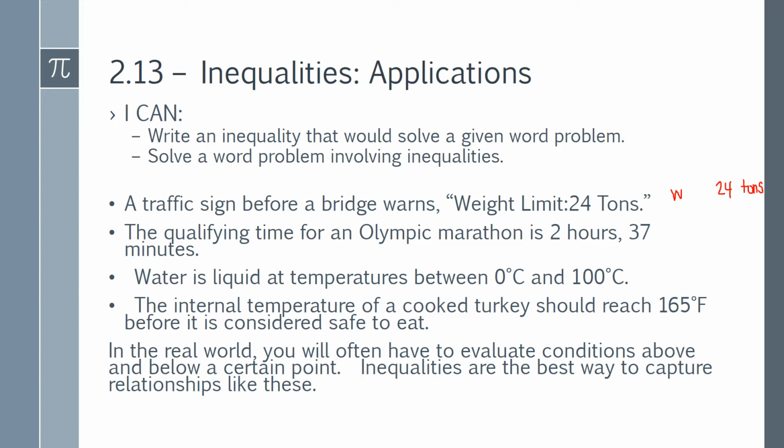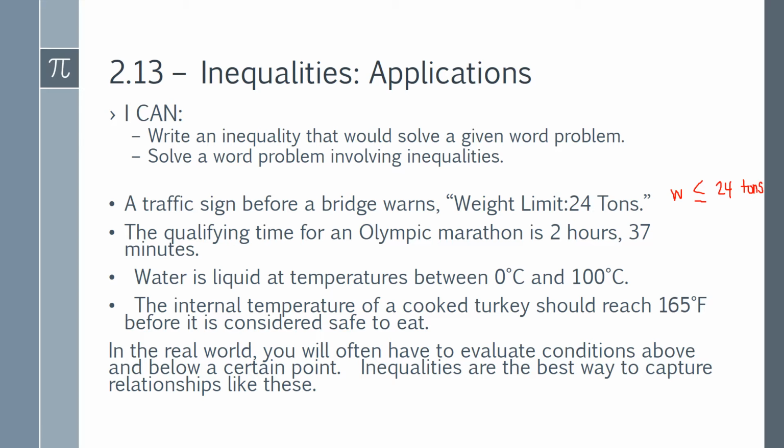So 24 must be the greater of the two. So the weight must be less than 24, or it could be equal to. So weight is less than or equal to 24 tons. If I go above that 24 tons on that bridge, we would start being concerned about that bridge's viability.